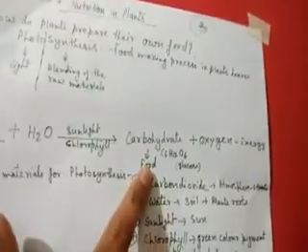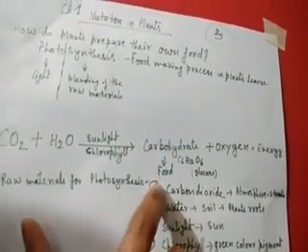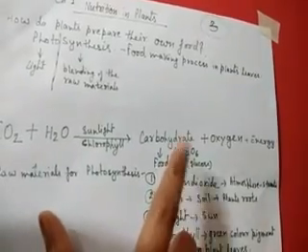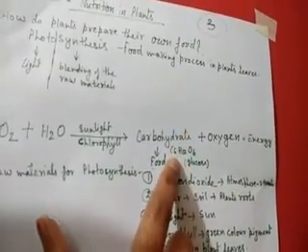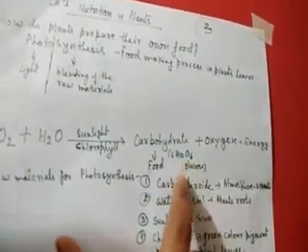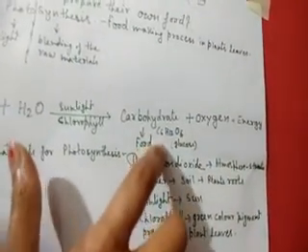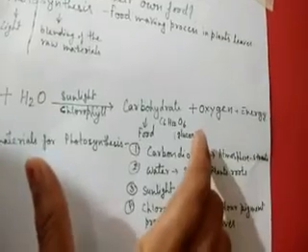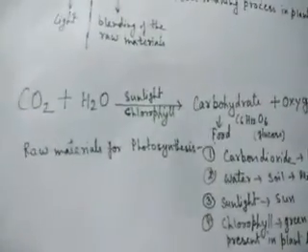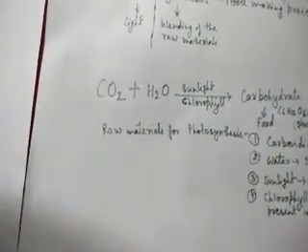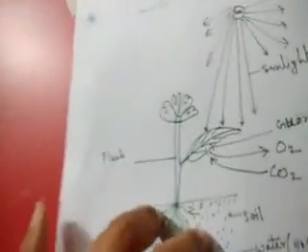Carbohydrate is the food of the plant, and its formula is C6H12O6 in the form of glucose. After some time this glucose converts into starch and is stored in the plant leaves. So this is the process of photosynthesis.